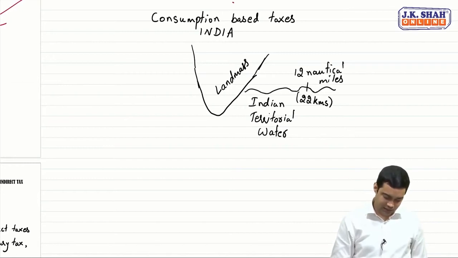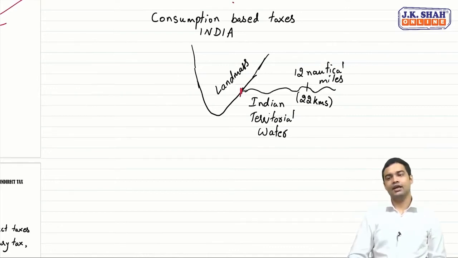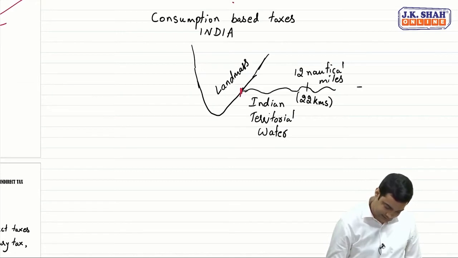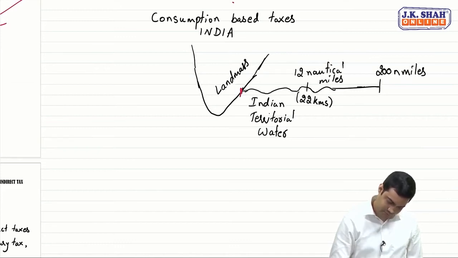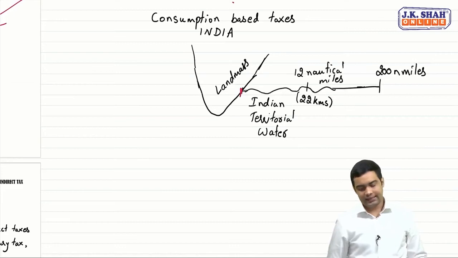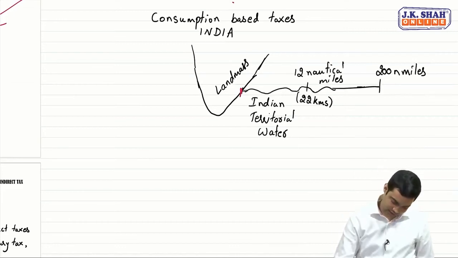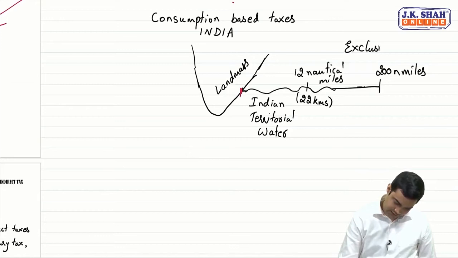So from the land mass, 12 nautical miles will be considered to be Indian territorial waters. Does India end here? No, it does not end here. It stretches up to 200 nautical miles. This entire area is called the exclusive economic zone.